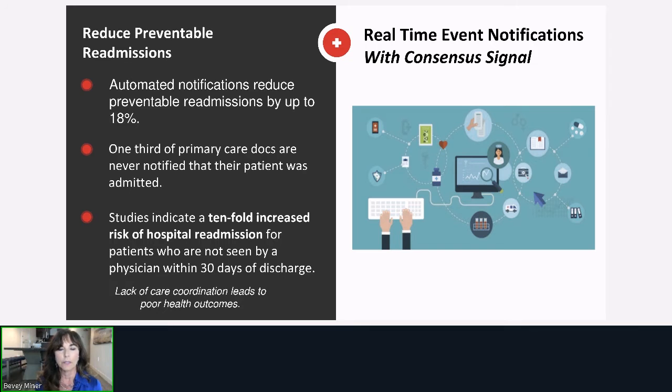It's called Consensus Signal, but what it really does is it connects the hospitals through an automatic notification to the downstream care team, and it provides that ability for everyone touching the patient throughout the transitions of care, where usually the most errors happen, as well as building that communication chain through the continuity of care.